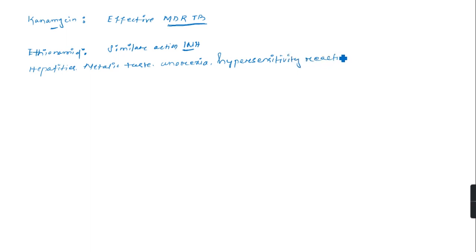This hypersensitivity reaction is basically due to the presence of sulfur in the ethionamide structure. Due to that, a hypersensitivity type of reaction occurs. Another important reaction related to sulfur is that it causes sulfurous bleaching.